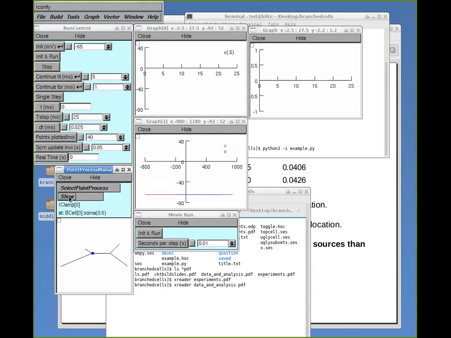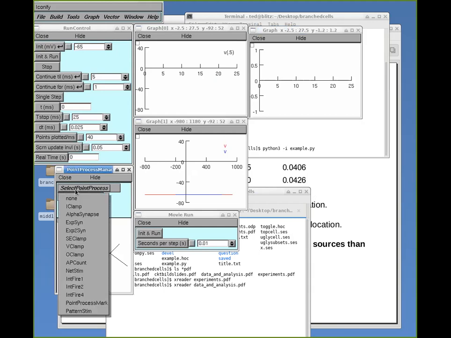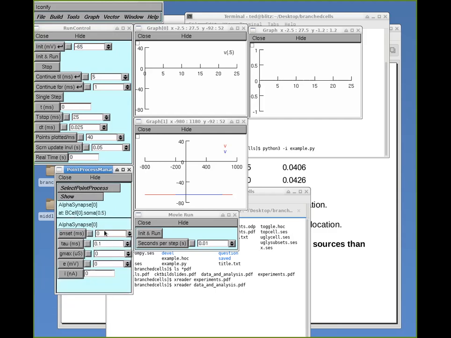So we need to turn this into an alpha synapse. And its onset is going to be at 10. The time constant is 1. And Gmax, we're going to say is 0.006 approximately. Anybody have a better value? That's close enough, I guess. Hit and run.